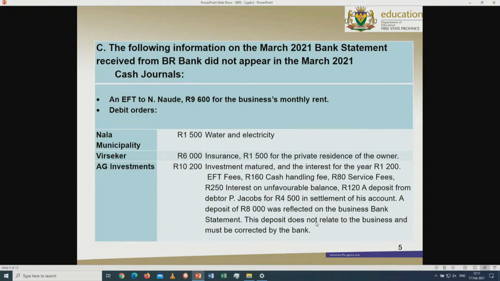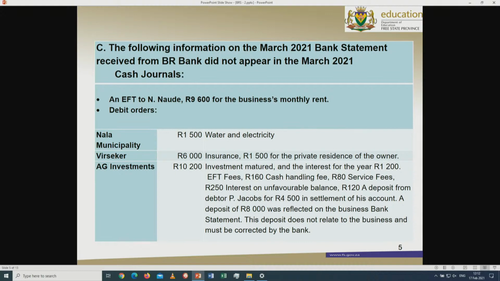This deposit does not relate to the business and must be corrected by the bank. Remember, it's a deposit, but it was not done by us. It was not done by our business. So it means the bank made a mistake of indicating a deposit in our bank account by mistake.